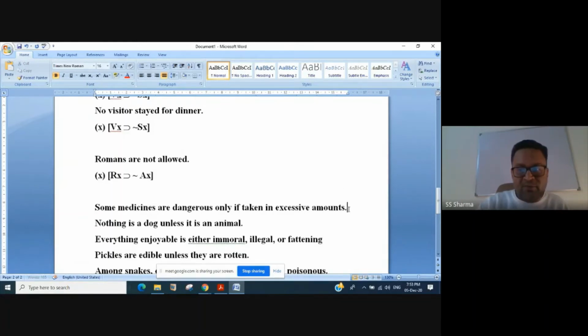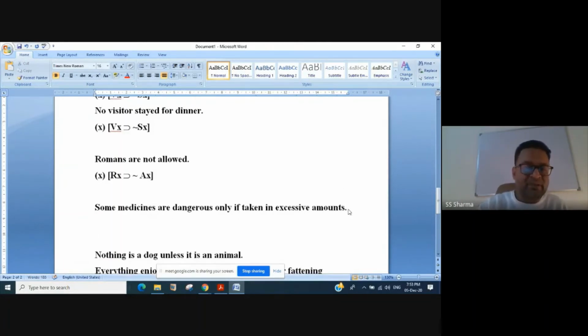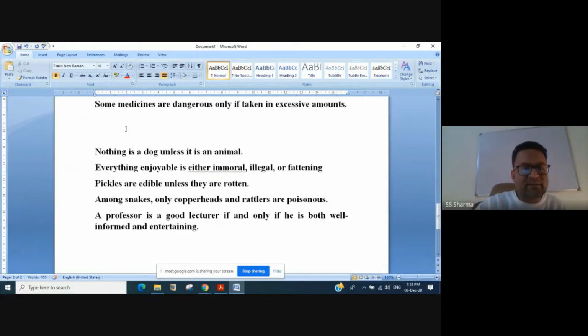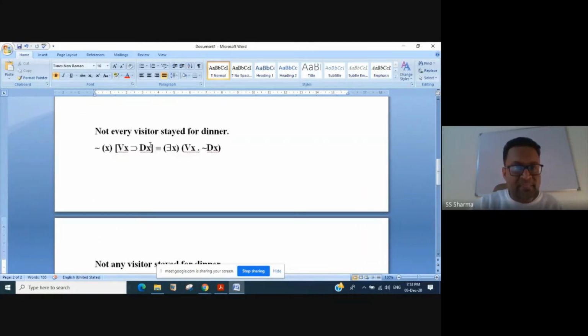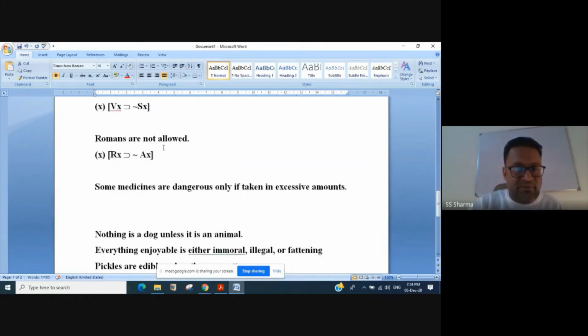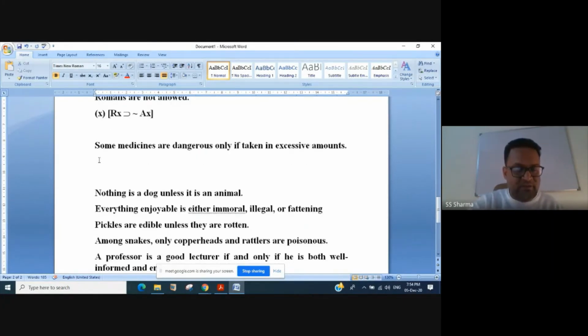Okay, now let us come to the next question. The next question says some medicines are dangerous only if taken in excessive amounts. So if they are taken in excessive amounts, then these medicines will be dangerous. So I will take this mark from here and I will put it here because it talks about some, so it means that some medicines are dangerous.